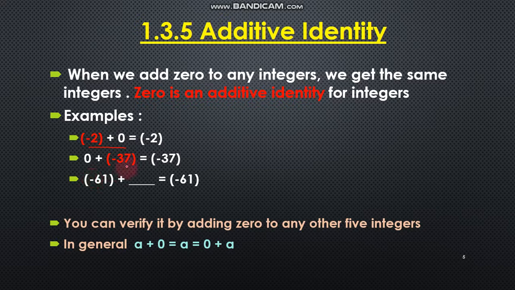Or 0 plus negative 37, the answer is negative 37. So what do you think? What should we add to negative 61 to get the answer negative 61 again? Of course, that is 0. So if you add 0 to negative 61, you will get negative 61. So here we can say that 0 is the additive identity. In general, a plus 0 or 0 plus a, the answer is a only.